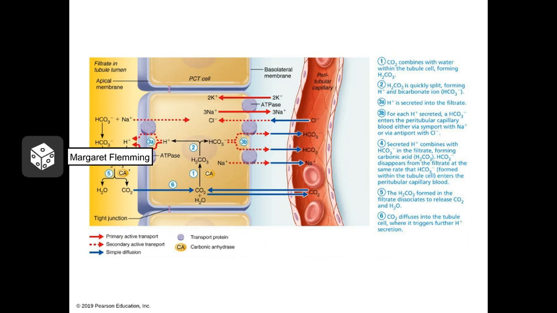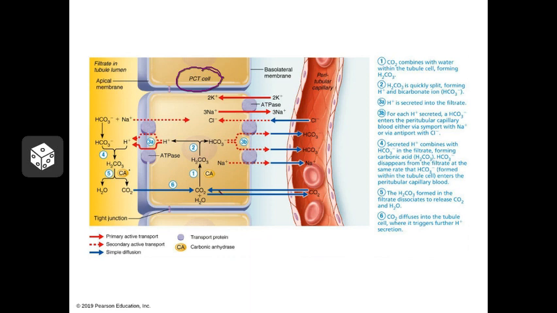Our first step here is to recognize that this is going on in the proximal convoluted tubule. There are other mechanisms in the distal convoluted tubule that we'll talk about next. But let's start here, recognizing that the proximal convoluted tubule can help eliminate hydrogen ions.